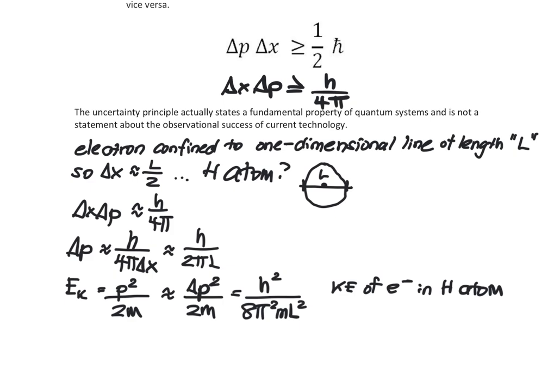If we throw numbers in there, you actually do get a reasonable estimate for the kinetic energy of the electron. You get 4 electron volts. I'll save you all the numbers. This is called electron in a box.